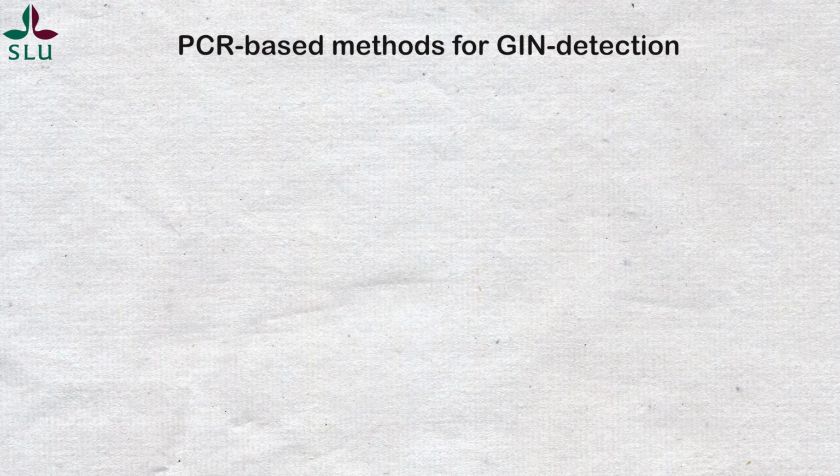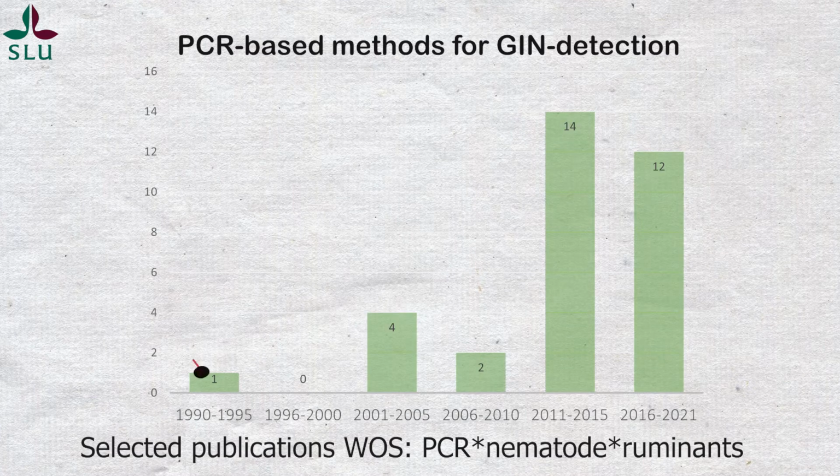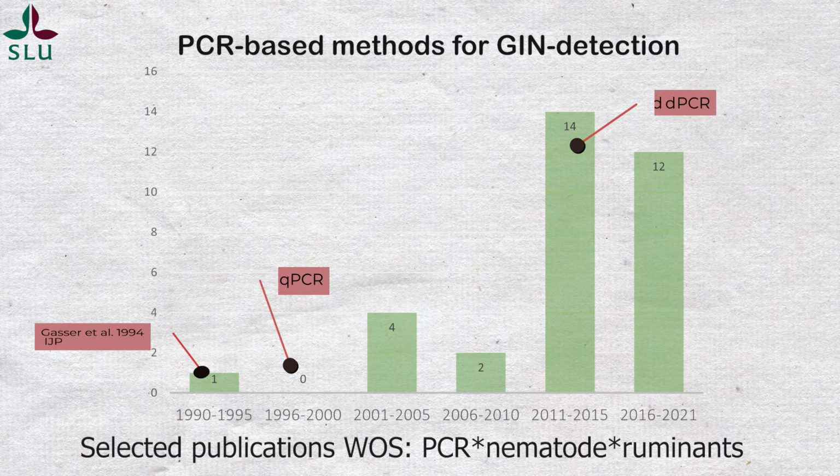Before I start to dig into the basic principles of the ddPCR technology, I'd just like to show the progress in the field of molecular detection of GIN in the faeces of ruminants. As can be seen in this graph, there has been tremendous progress in the field, with an ever-increasing number of publications.